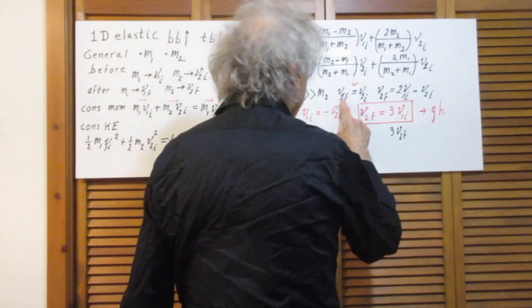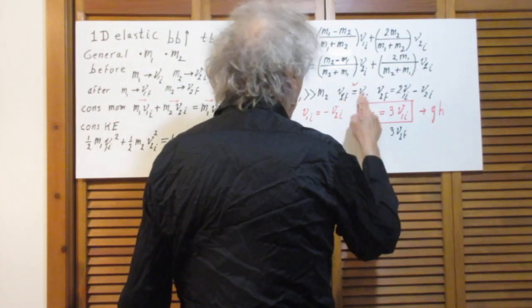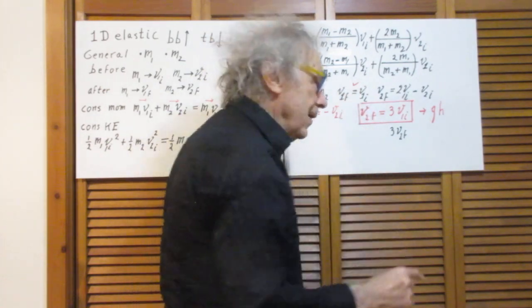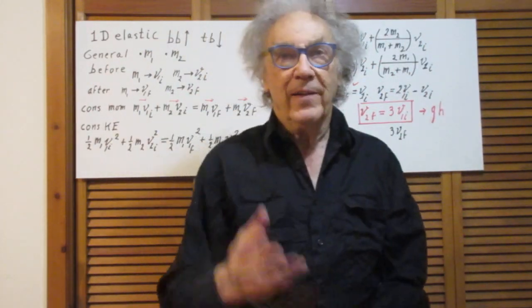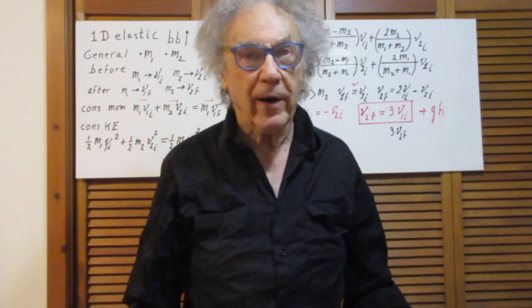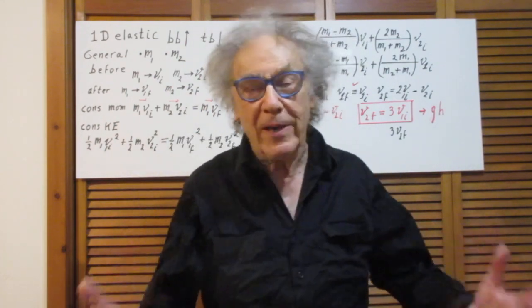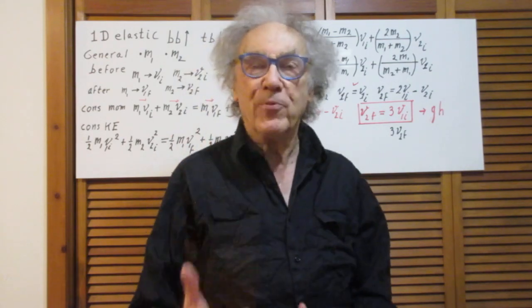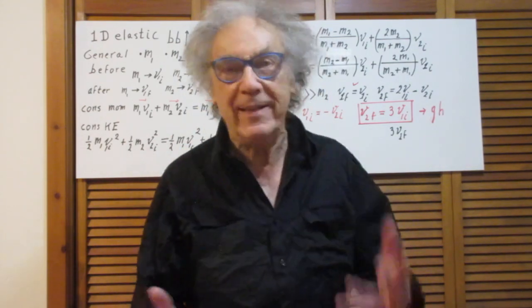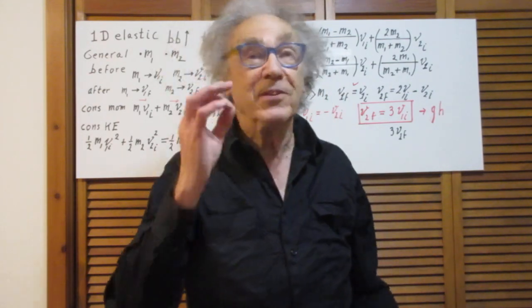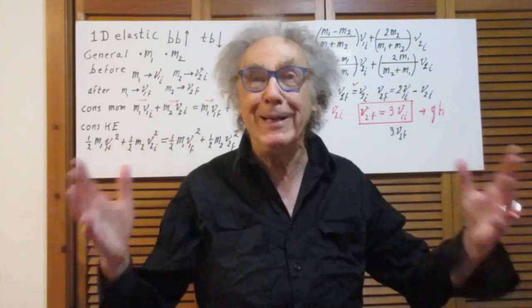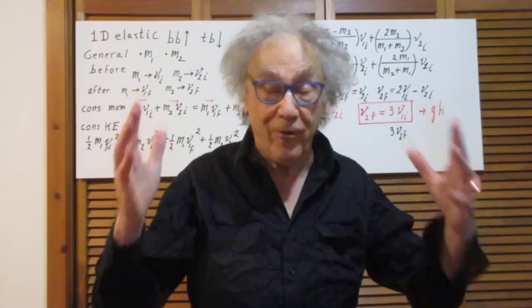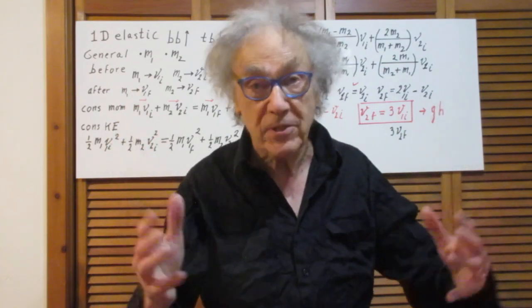But V1F is approximately V1I. That's obvious, by the way. It's obvious this basketball is so massive that when it bounces off the floor in an elastic collision, it obviously comes back up with about the same speed as which it came down. That teeny weeny little tennis ball can be completely ignored to a first and second order approximation.